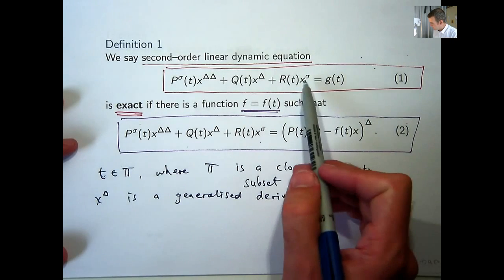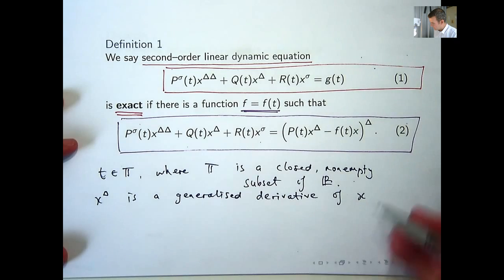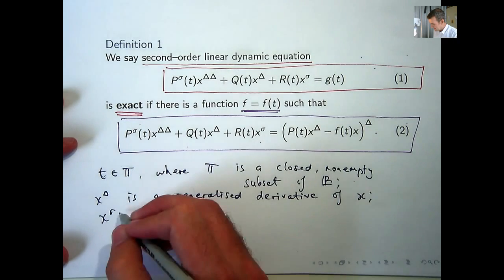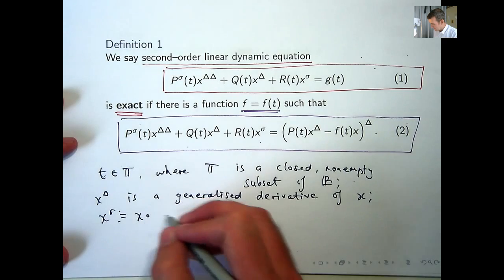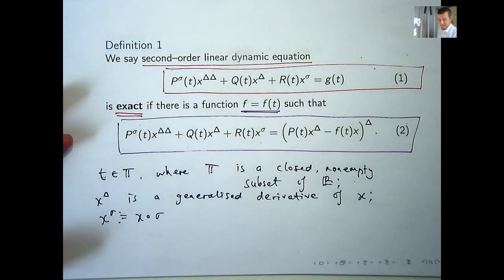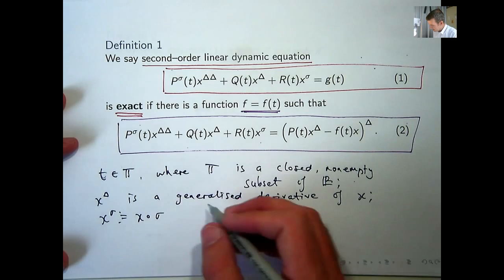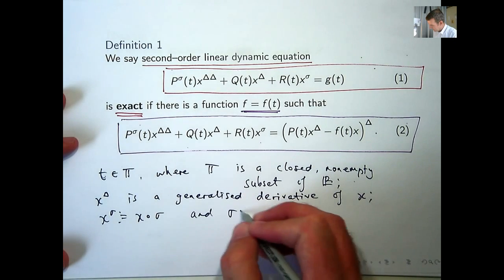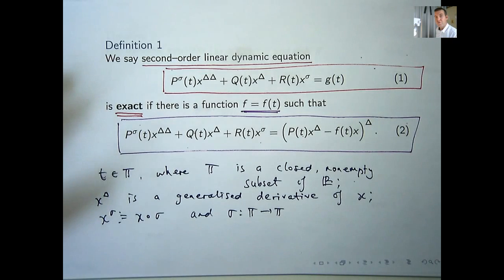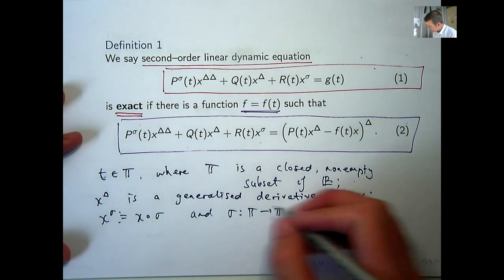Now, you might be looking at these x sigmas and wondering what that represents. Well, x sigma is just defined to be the combination of functions x of sigma, where this function sigma just maps the timescale back into itself, and it's known as a forward jump operator, forward jump function.